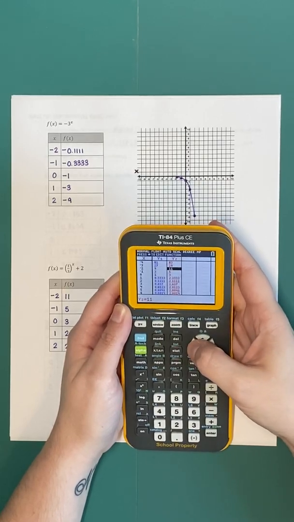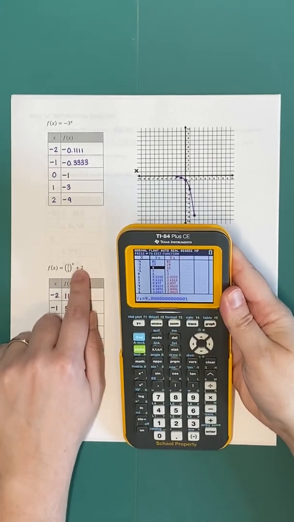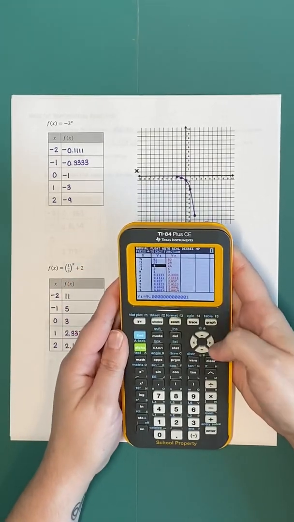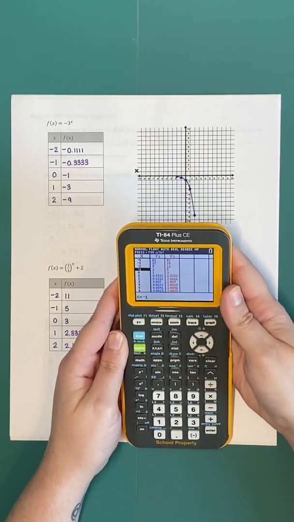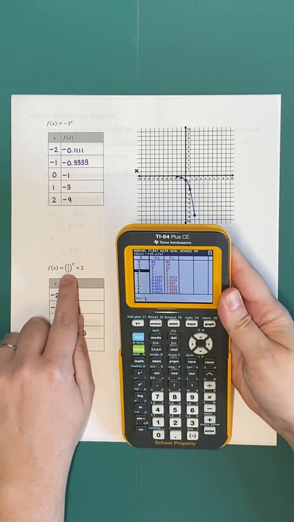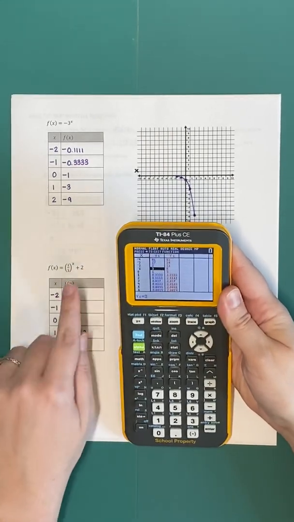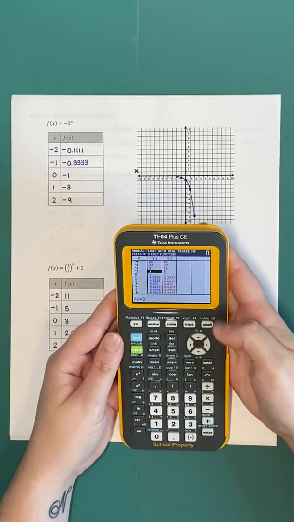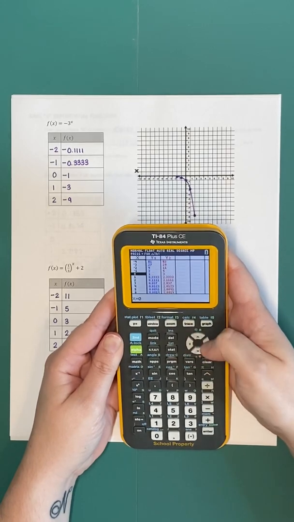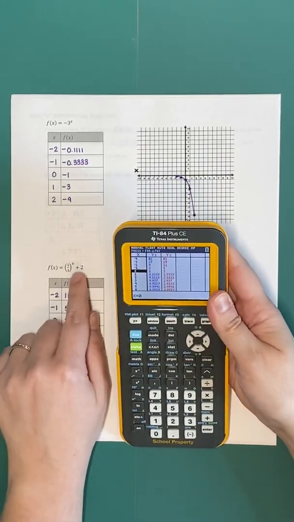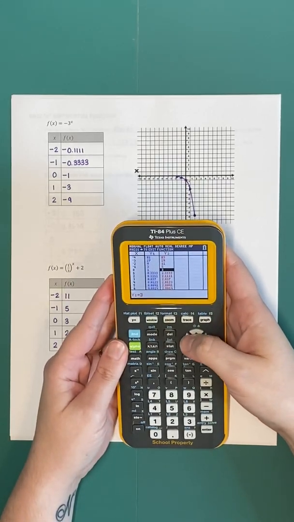So we took the original output from the exponential and added on 2 to that. We went from y = 9 to y = 11. What about -1? Well, the original function, 1/3 to the -1, we end up getting a 3. We're adding a 2 to that, so our new output is going to be 5. There's that original point at (0, 1). We're adding on a 2 to the output, so that gives us (0, 3) instead.